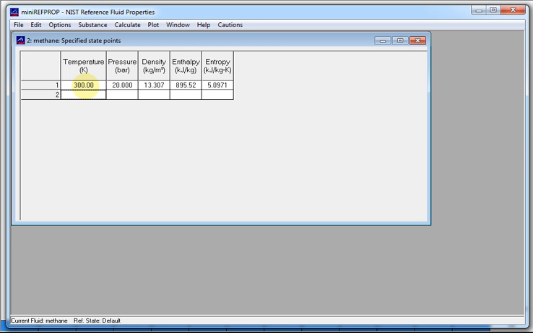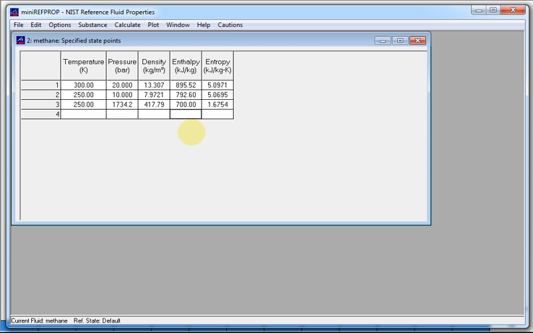True? And then maybe it went down to 250 Kelvin at 10 bar. And so it gives you the density, enthalpy, entropy. Let's say I was interested in knowing temperature 250 and the enthalpy of, I don't know, 700.